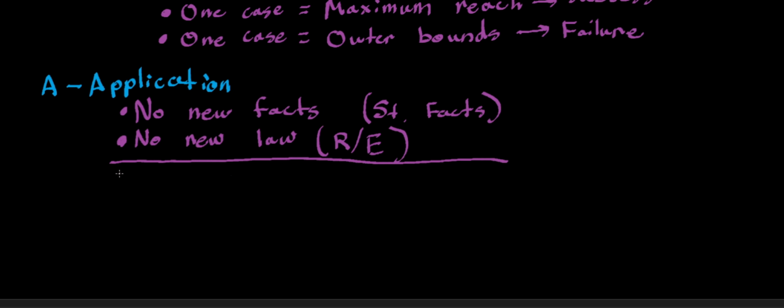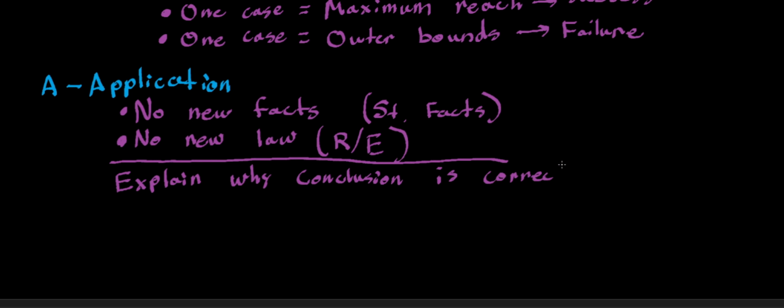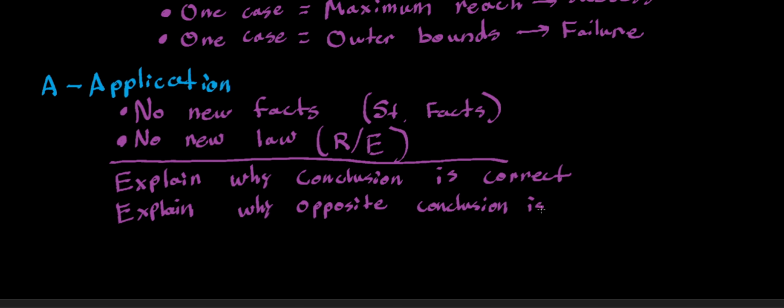And the goal of your application section is number one, to explain why your conclusion is correct, and also to explain why the opposite conclusion is incorrect.